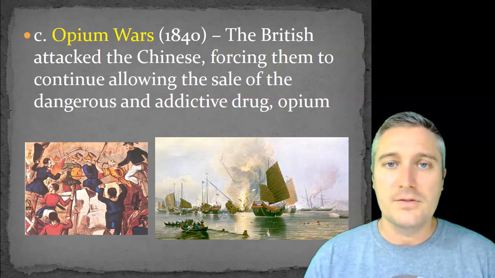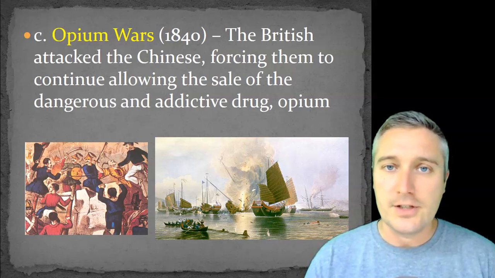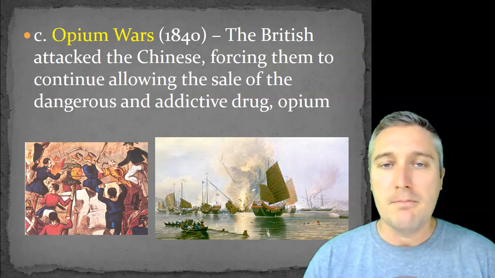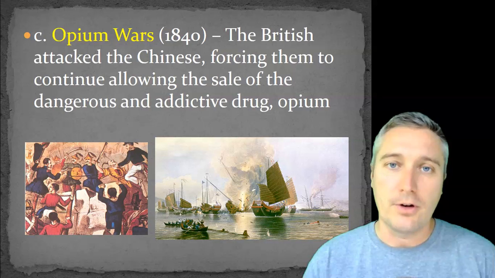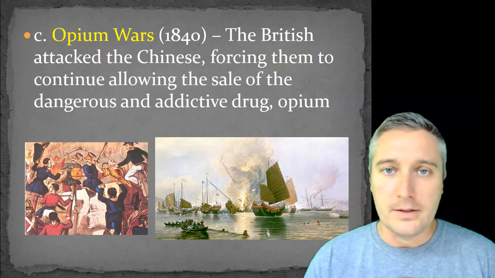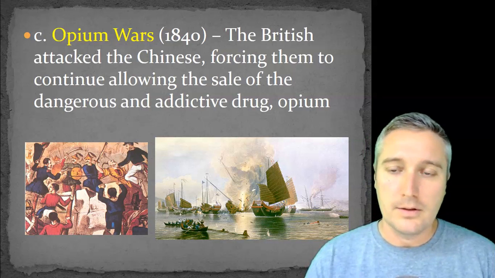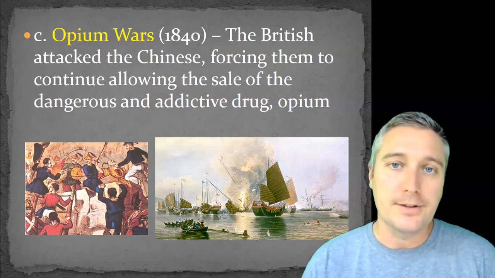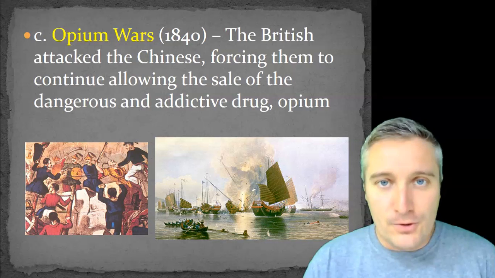This is a highly addictive drug, and what the Chinese government realized was by the late 1830s, they basically had a massive drug problem on their hands, with opium dens being opened throughout the country. And so they demanded Britain stop selling opium in their country. Britain refused.